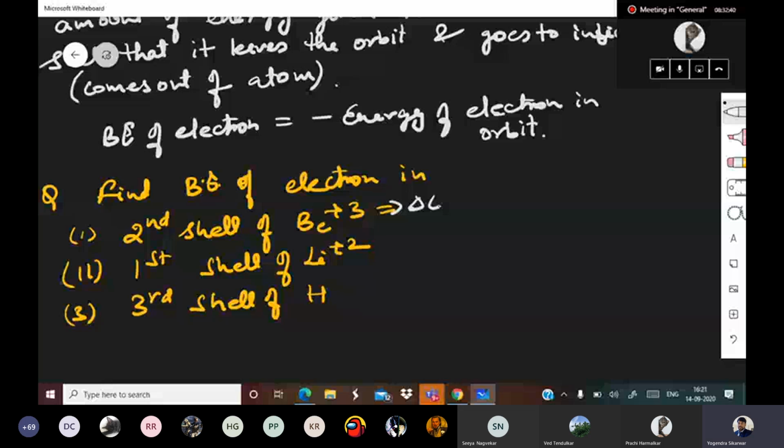13.6 into 9. How much is that? So that becomes 122.4.